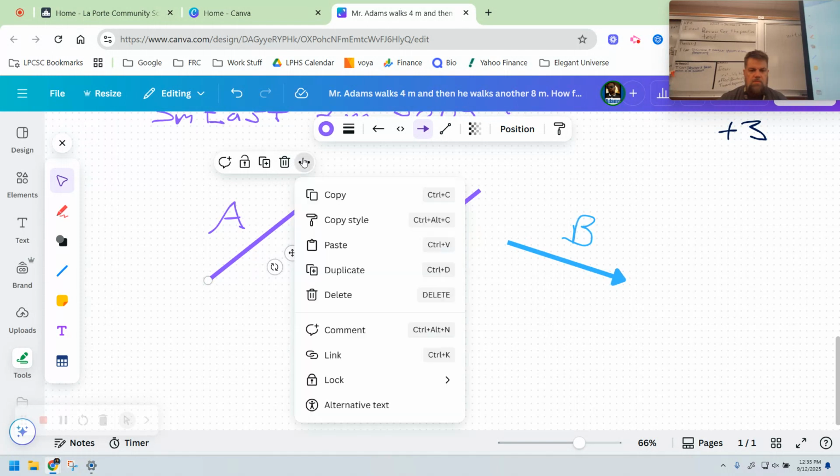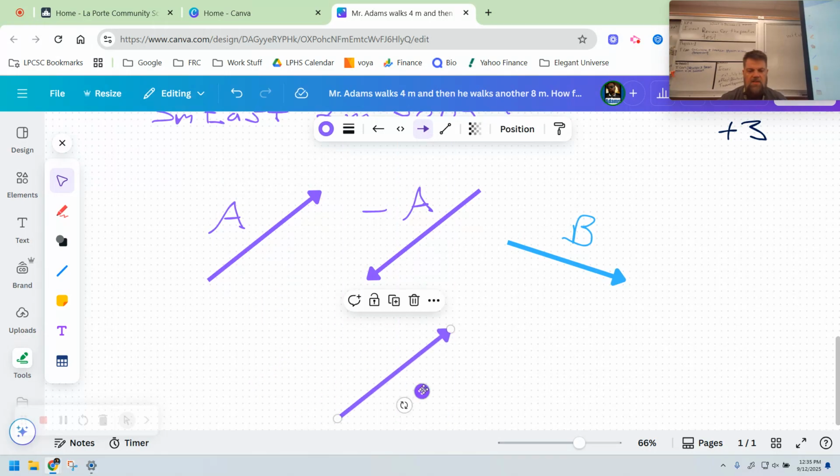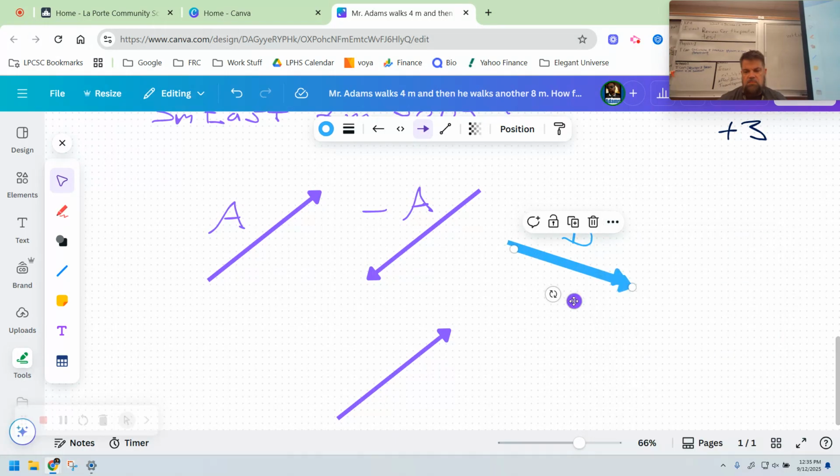So we're going to do vector addition real quick. This is A. It's an airplane flying at a certain speed. And then the wind, we'll call B, is blowing at a different speed in a different direction.